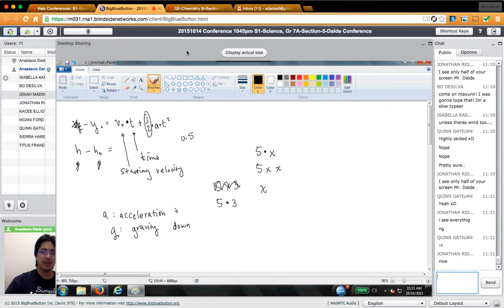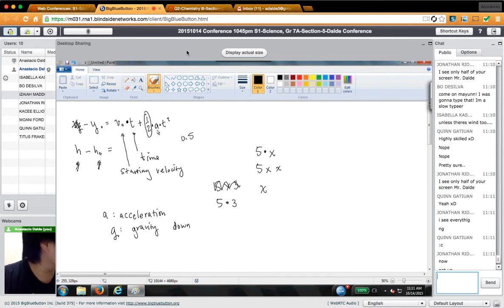All right. So gravity acts only in the vertical direction, and it acts down in the vertical direction. So I'm going to change my original equation. Over here, I changed this y to an h, because that represents the height. I changed this y naught to an h naught, which represents the initial height.